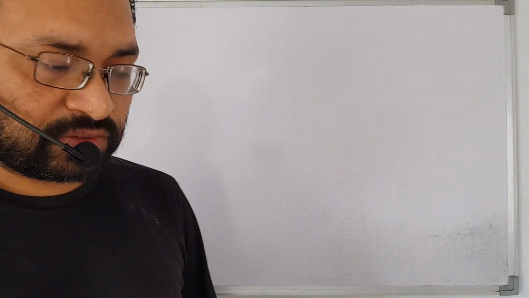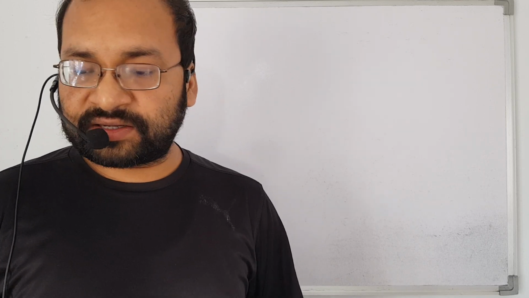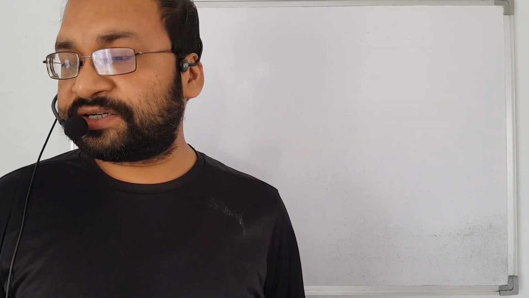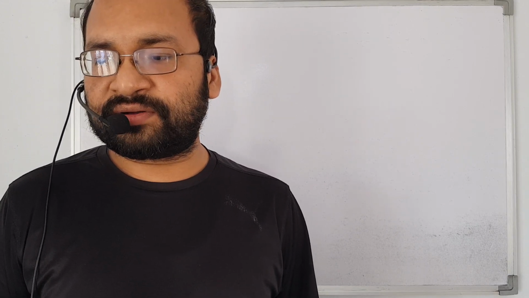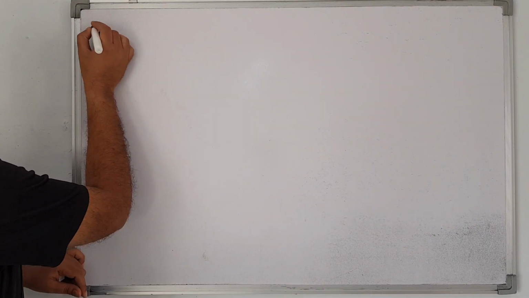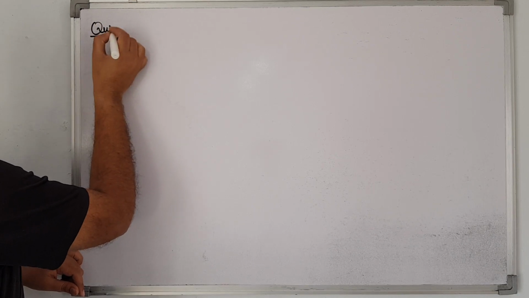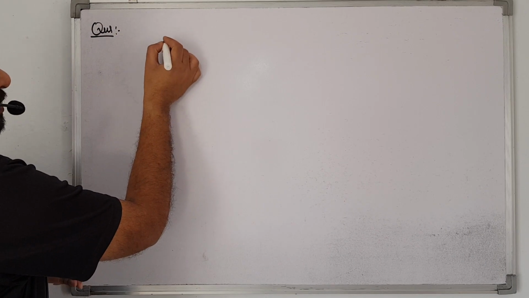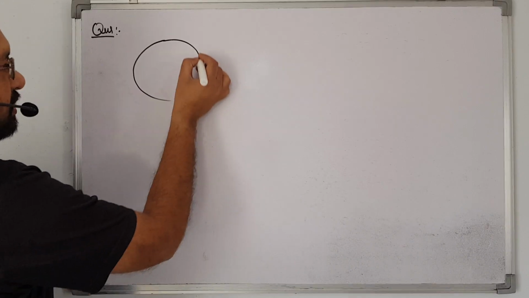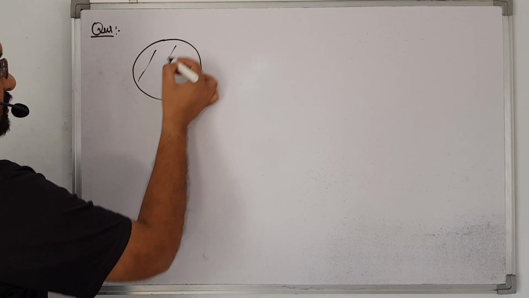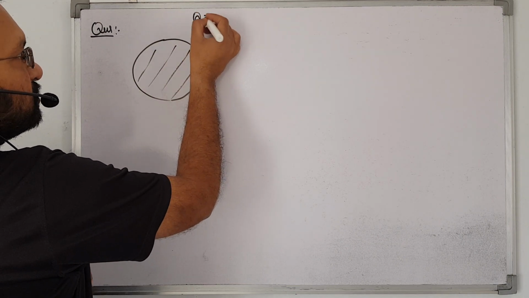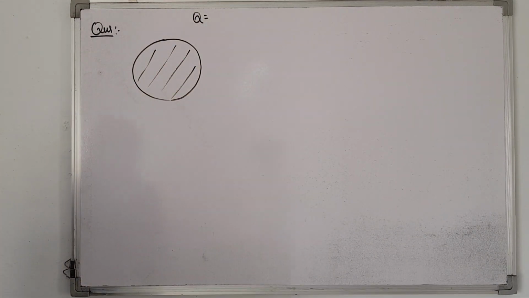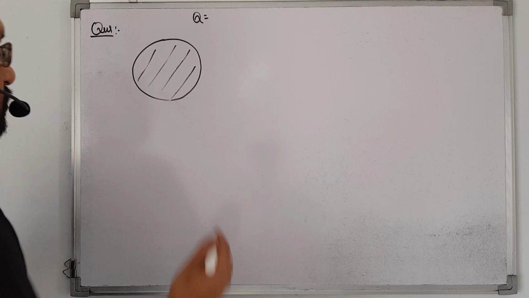The question says: a spherical conductor of radius 10 cm has a charge of 3.2 × 10^-7 coulomb. Let us suppose this is a spherical conductor, and it has a charge q = 3.2 × 10^-7 coulomb, given in the question.